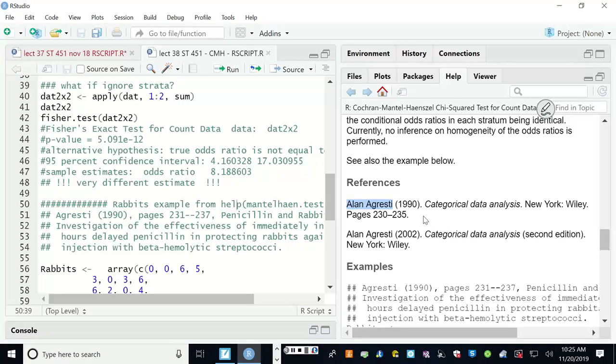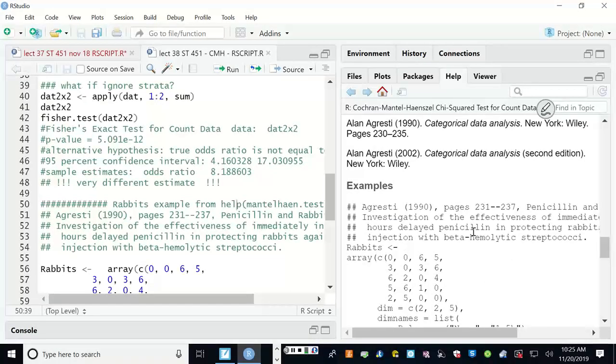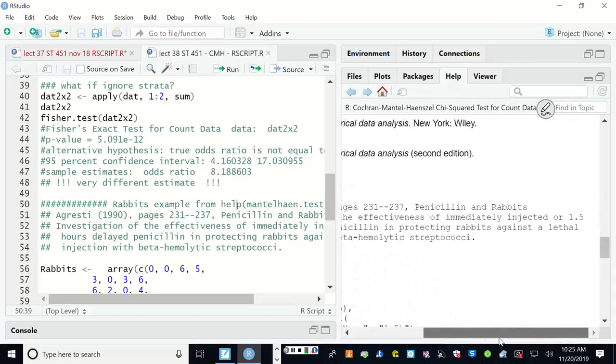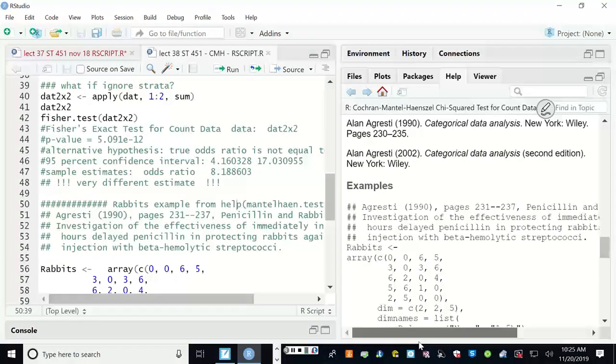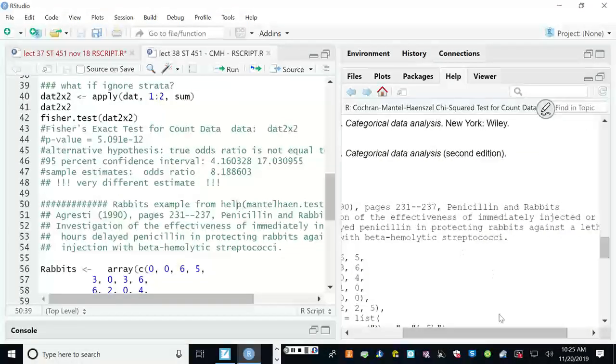This 1 through 6 is kind of an order of aggravation, so you might fit models that say how the proportion is increasing and so on. But anyway, he has a series of books that are very reasonable for introducing applied data analysis and theory. And he has this data set on the investigation of the effectiveness of immediately injected or 1.5 hour delayed injected penicillin in protecting rabbits against the lethal injection of Streptococci.